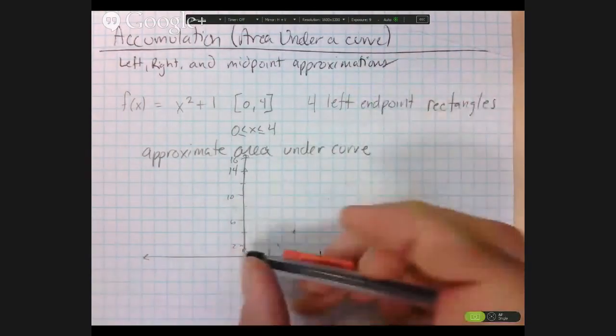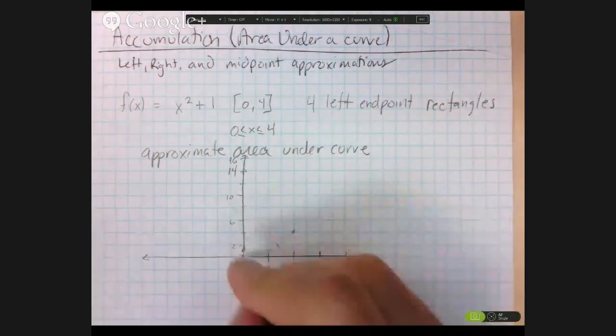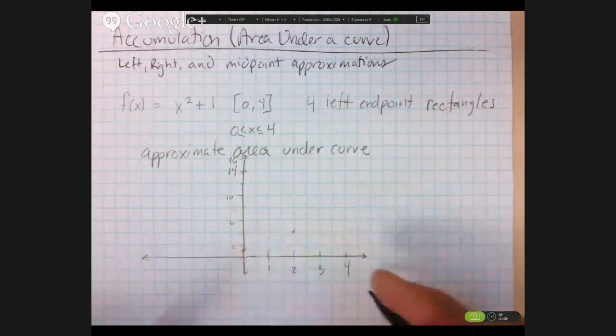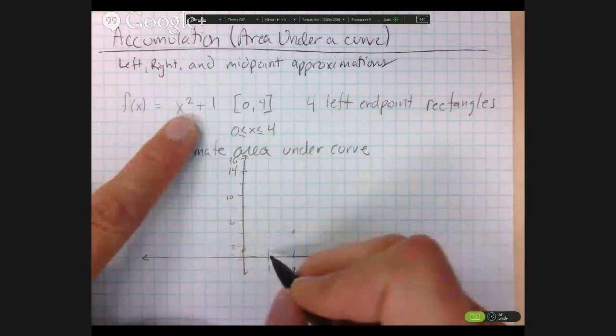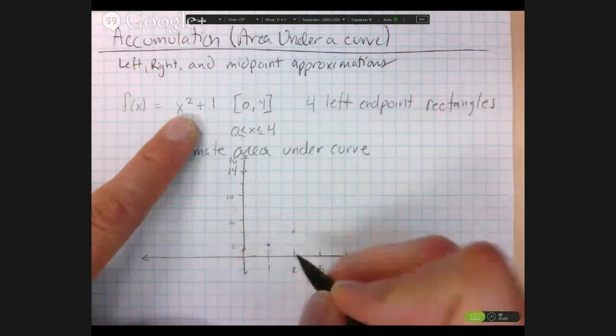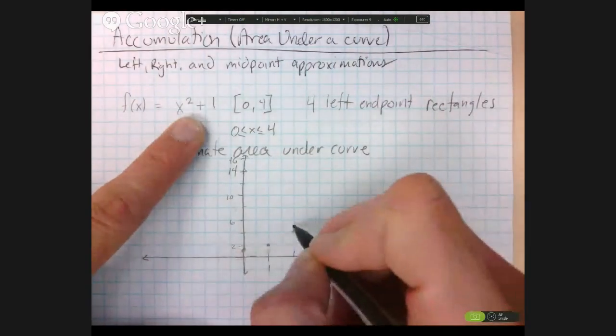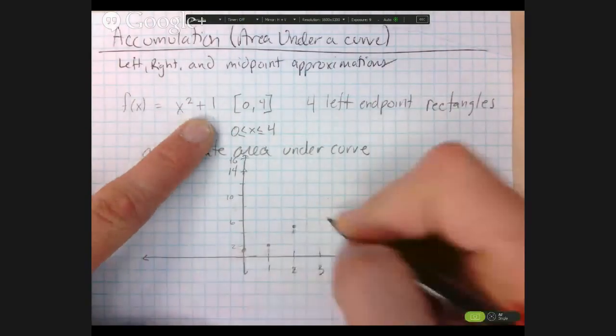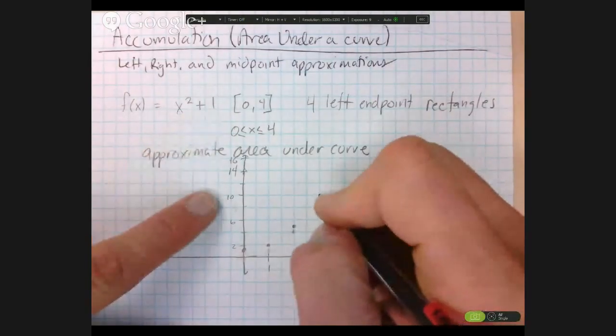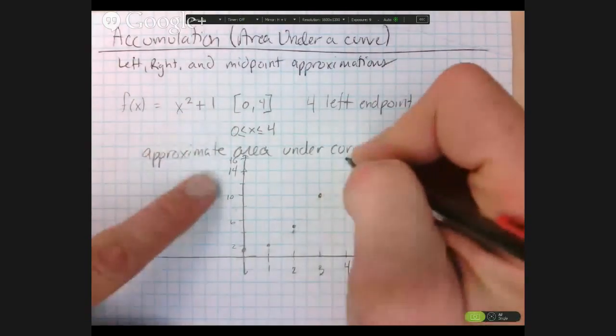It's +1. So 0, 1, 1, 2, 2, 5, 3 is 10, 4 is 17.